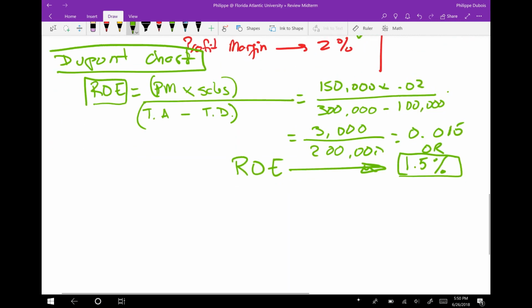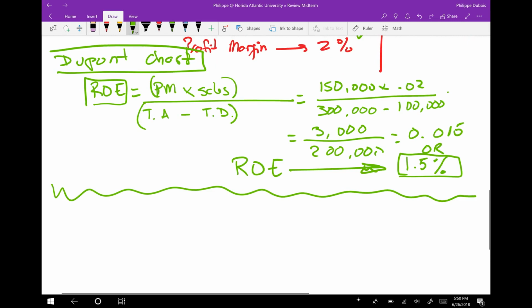Let's do another problem. Another problem that is a bit challenging, that has multiple steps to it, and that includes a couple elements on your balance sheet, a couple elements on your income statement, so that you guys know exactly how to compute this problem.